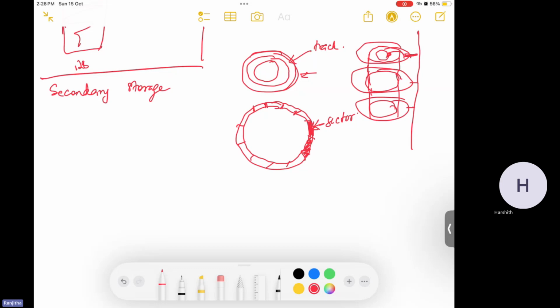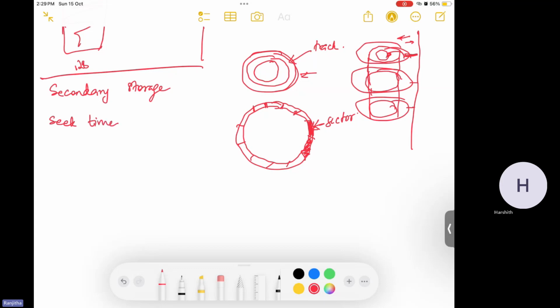This arm will move either forward or backward. That time is called the seek time, the time to move the disk arm to the desired cylinder.